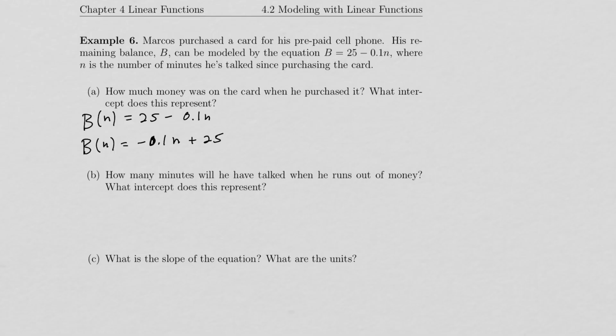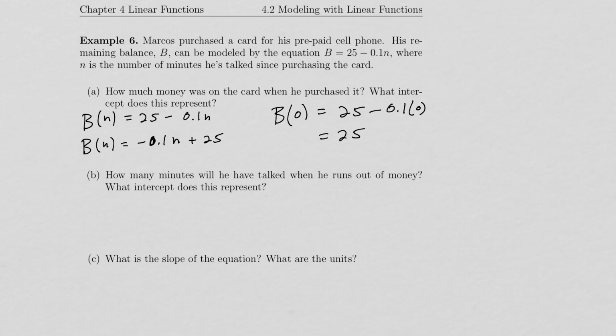Okay, so how much money was on the card when he purchased it? What intercept does this represent? Well, when he purchased it, the number of minutes he's talked is 0. So the balance on the card when he purchased it must be the balance when the input, the n, is 0. And obviously, what is that? It's 25 minus 0.1 times 0. So that's simply equal to 25.